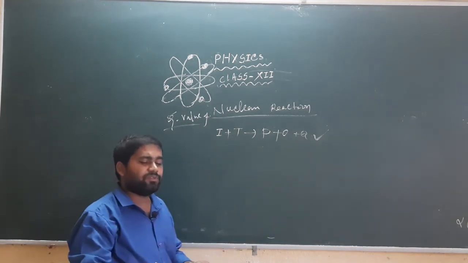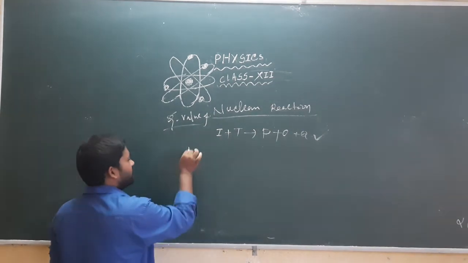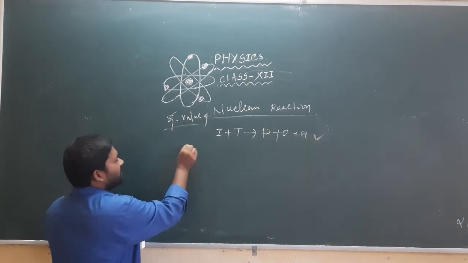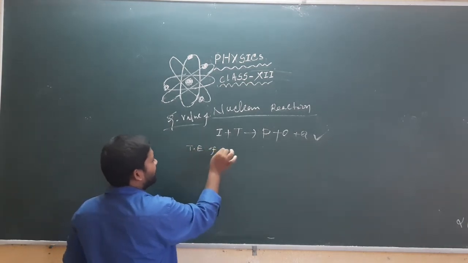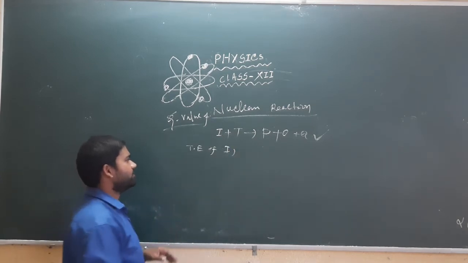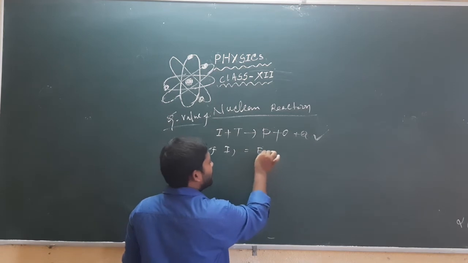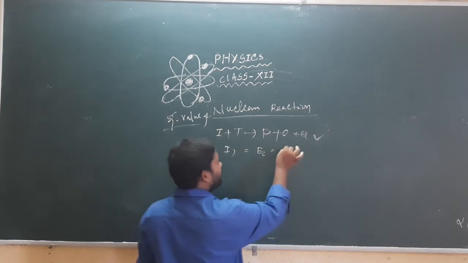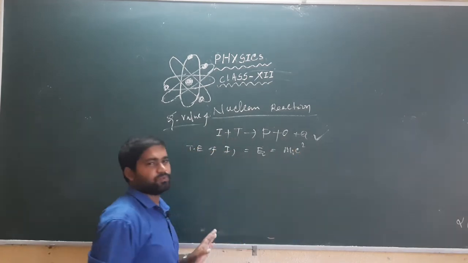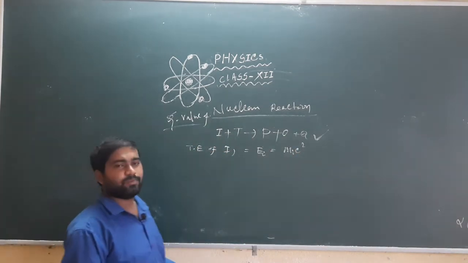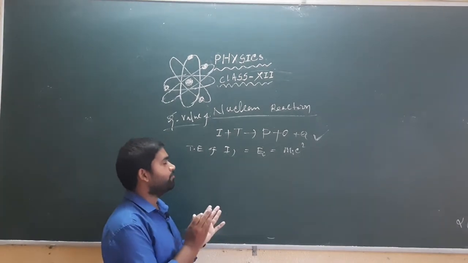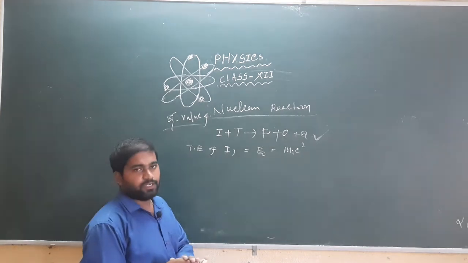So if we measure the total energy of the incident particle, we can say E_I equals m_i c squared, that is the mass of the incident particle, in the form of Einstein's mass-energy relation.